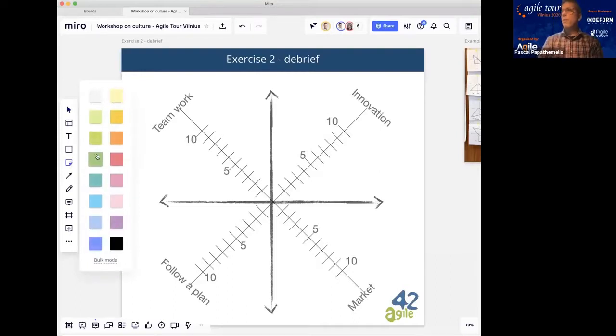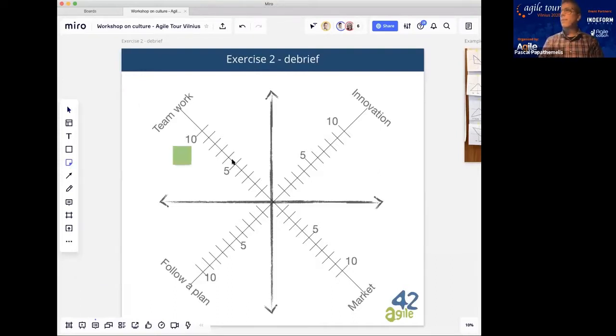Actually, I can move the ones from the top. That's good. So I'll just get an understanding. But we are quite strongly up here.